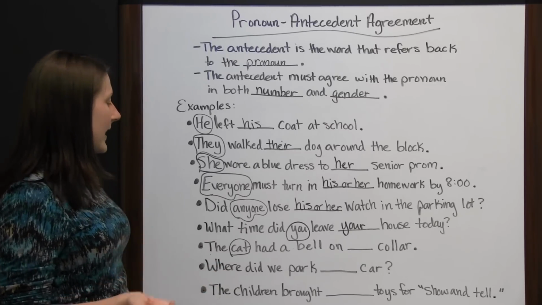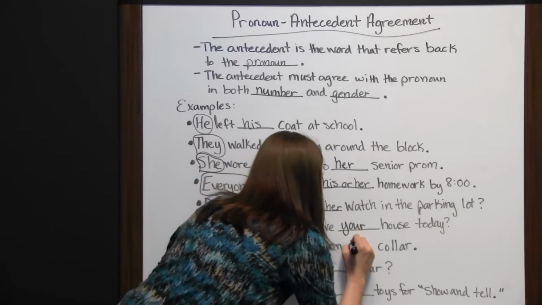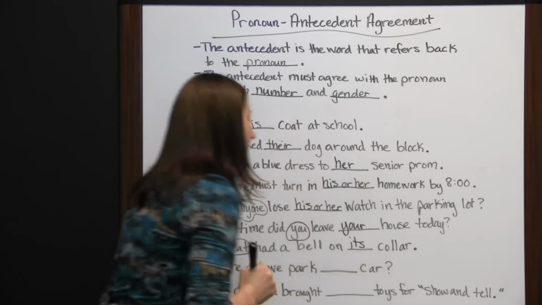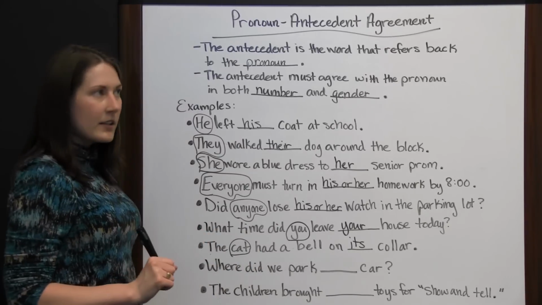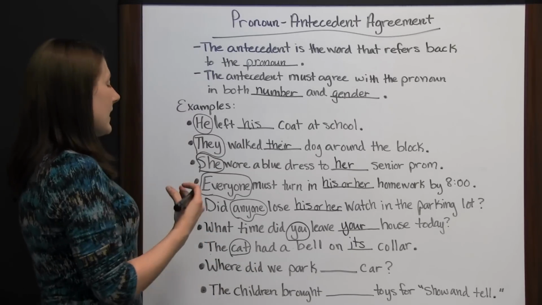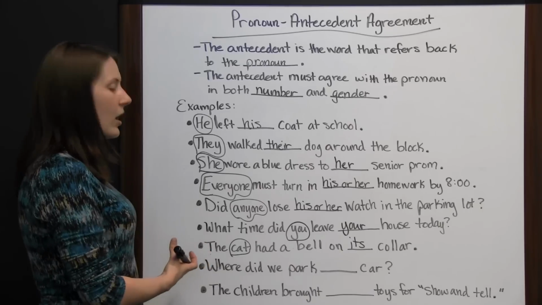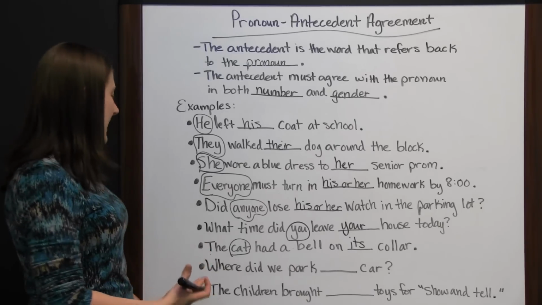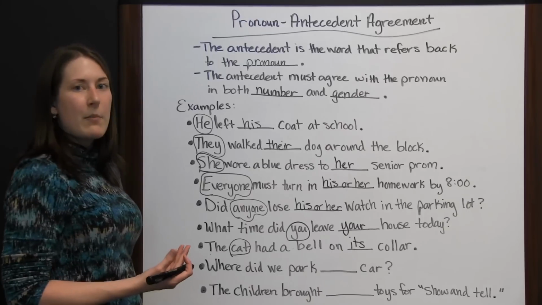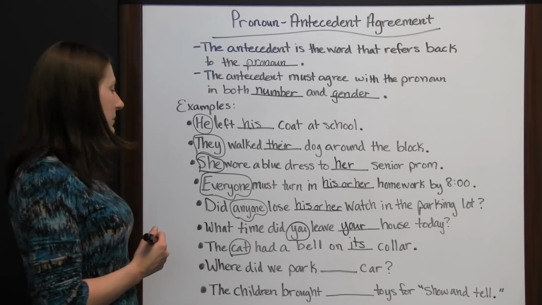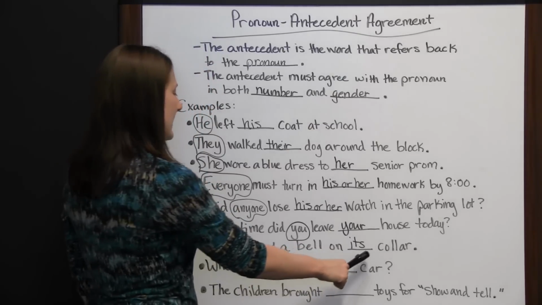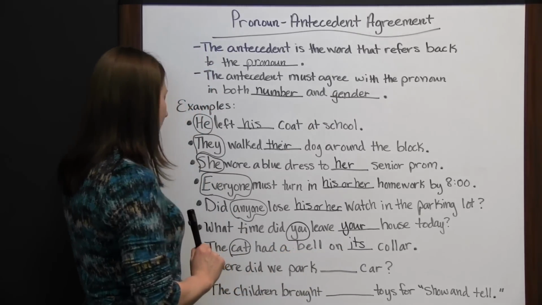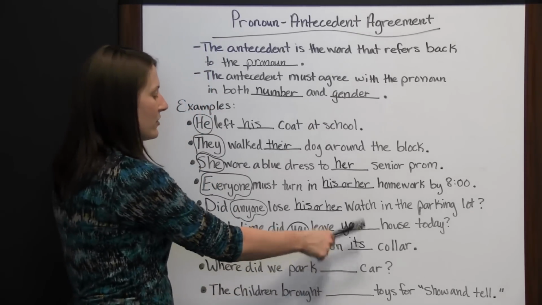So you would say the cat had a bell on its collar. Now we could have said it had a bell on its collar, but usually you want to know what you're talking about before you start saying it. So in this case, I put in the cat so you would know what we were talking about. But the cat had a bell on its collar. This is singular, and we don't know the gender, so it's gender neutral.